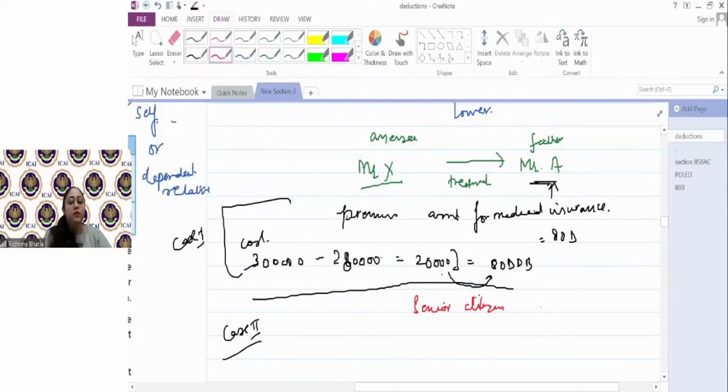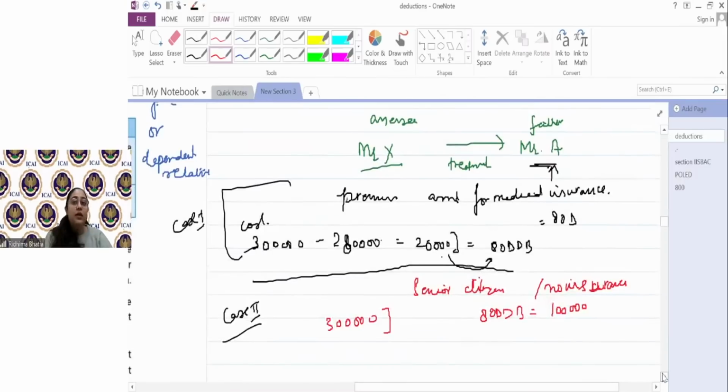Mr. A, meaning the father. Now suppose the treatment costed 3 lakh. Now what to do? Guys, 80DDB says only up to 1 lakh I can claim. Correct. I'll claim 1 lakh under 80DDB.